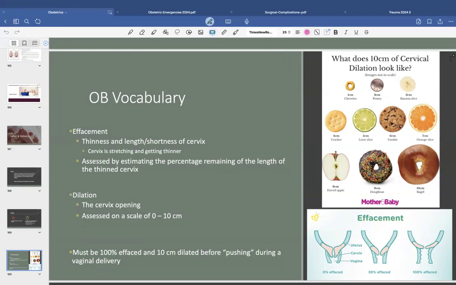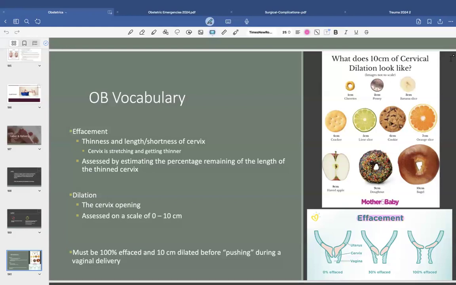You can see a picture of effacement at the bottom and what the length of the cervix looks like at 0 effacement, which means it hasn't done anything. At 30% effacement and 100% effacement, you can see that peach colored change is how much it's thinned out.